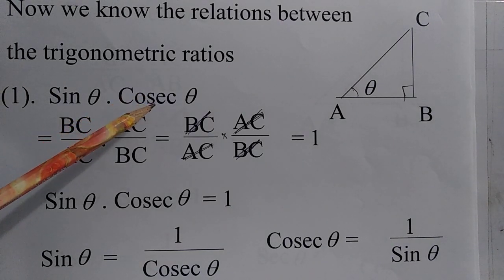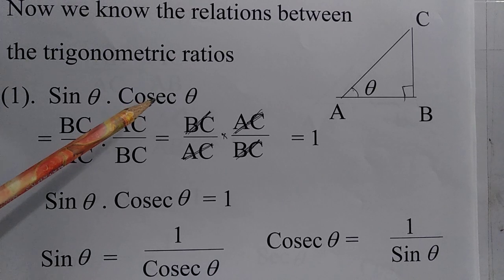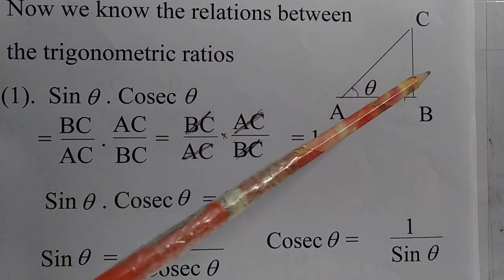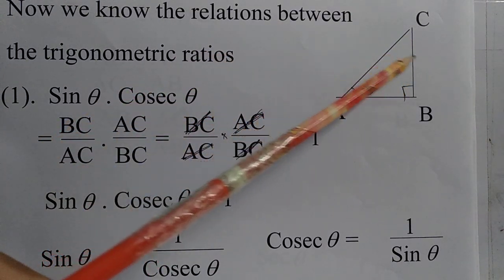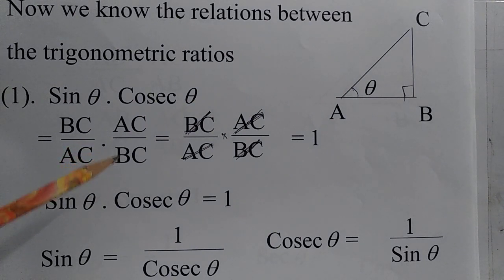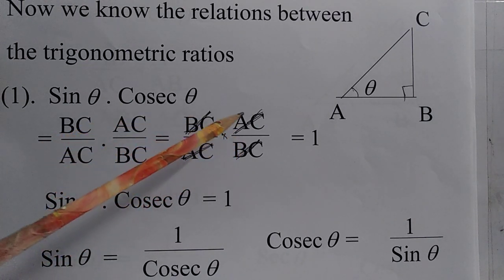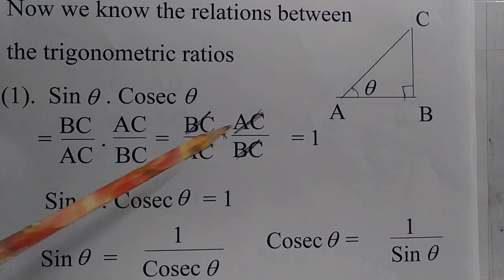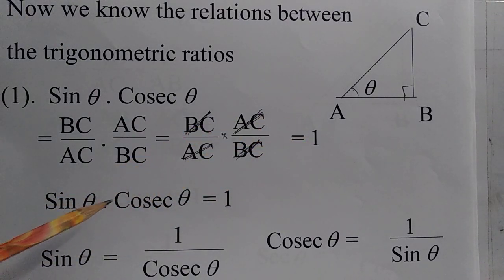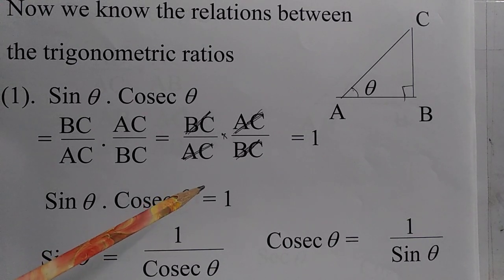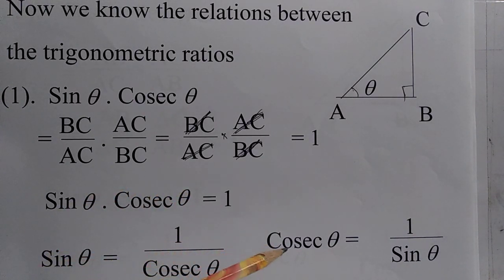And cosecant theta is defined as hypotenuse by opposite side to theta, so AC by BC. And sin theta into cosecant theta equal to BC by AC into AC by BC. BC gets cancelled and AC gets cancelled. We got 1. So sin theta into cosecant theta equal to 1. Therefore sin theta equal to 1 by cosecant theta. Cosecant theta equal to 1 by sin theta.